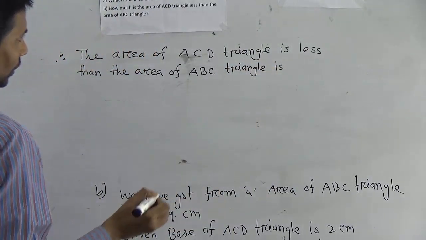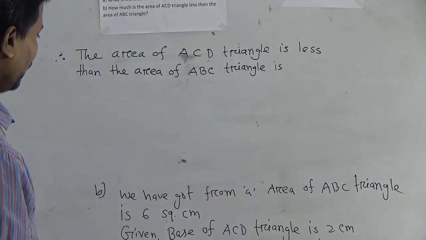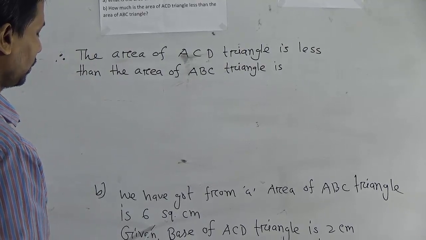We have got area of ABC triangle is 6 square centimeter.